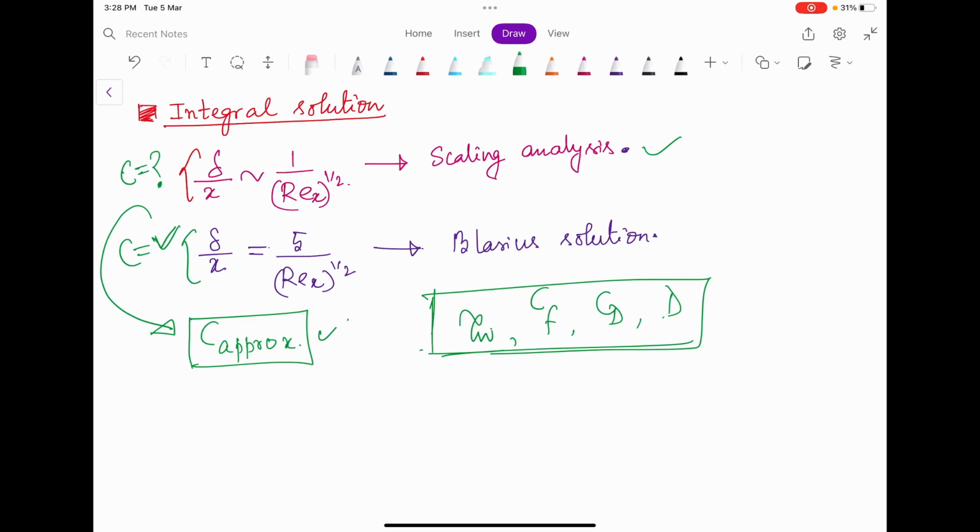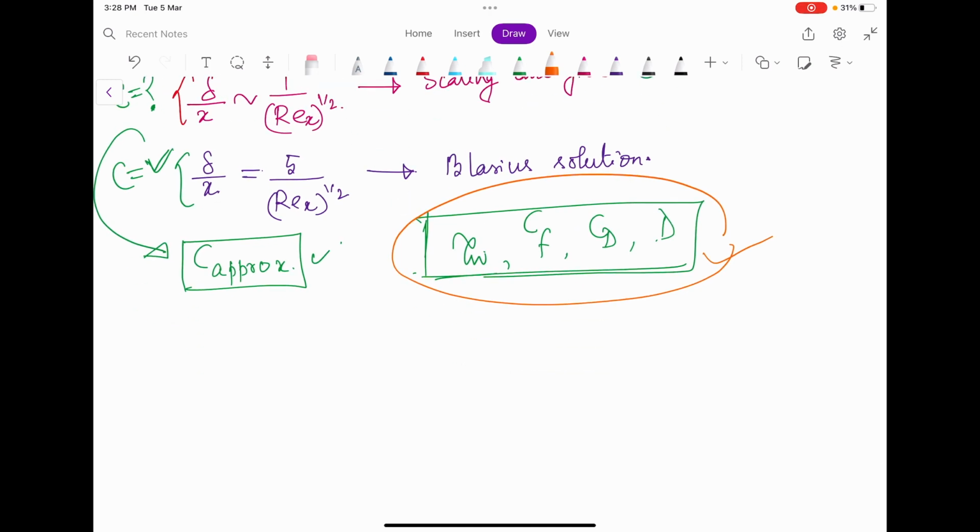Okay, so as engineers we need these parameters. So without the exact solution, if we can come to the values of these parameters within a marginal error range, then that is very good.